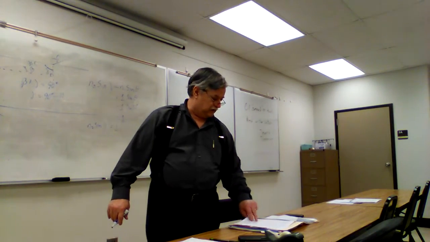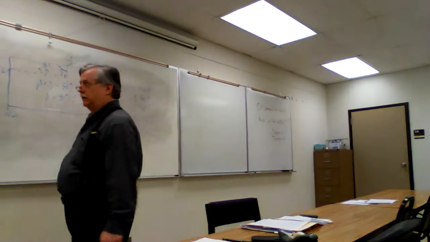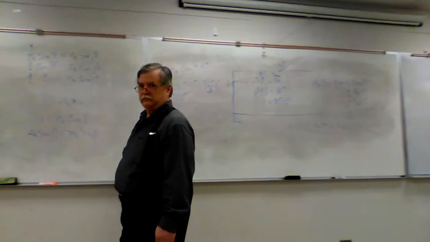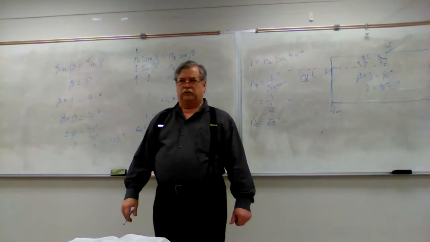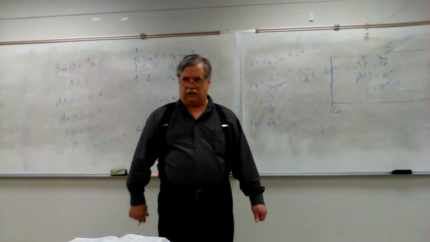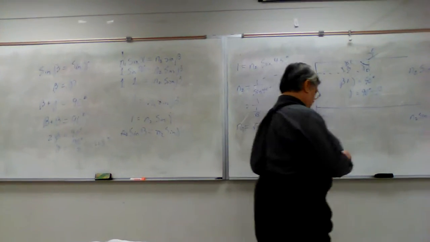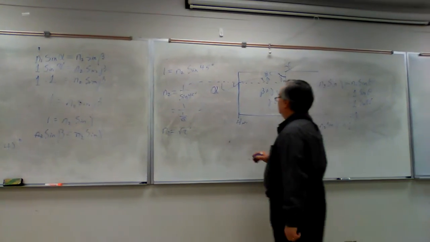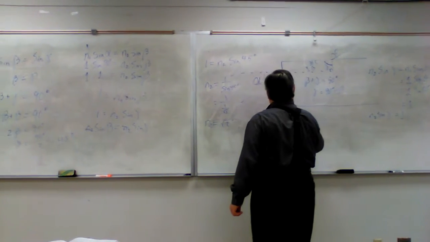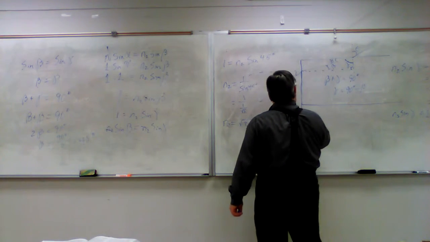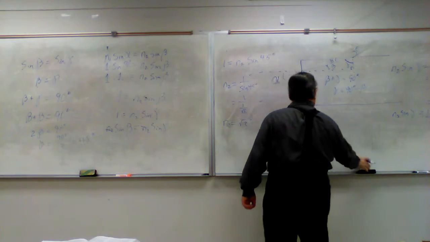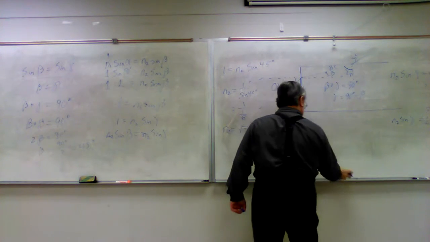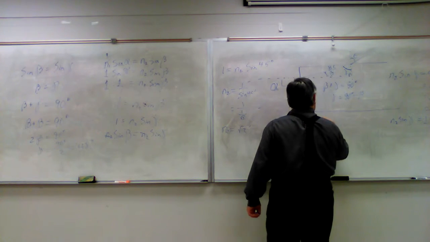Now, is that the whole problem? Who was it asked about this one? You did. There's a part B, isn't there? Okay, well, in that case, in air, n equals 1.